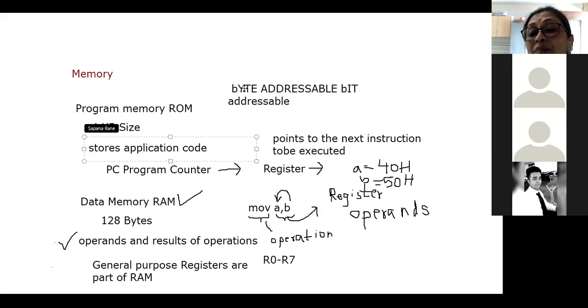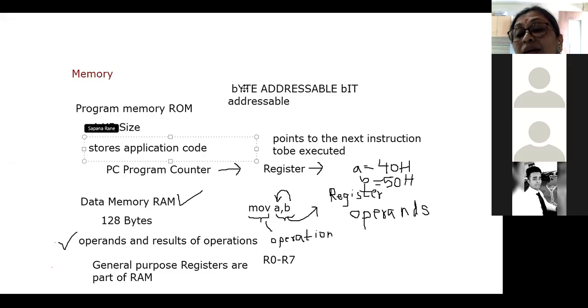That means from this RAM you can access a single bit, or a group of 8 bits, that is a byte. In a microprocessor you can address bytes but not bits individually. But this facility is provided in the 8051 microcontroller. A single bit is addressable.